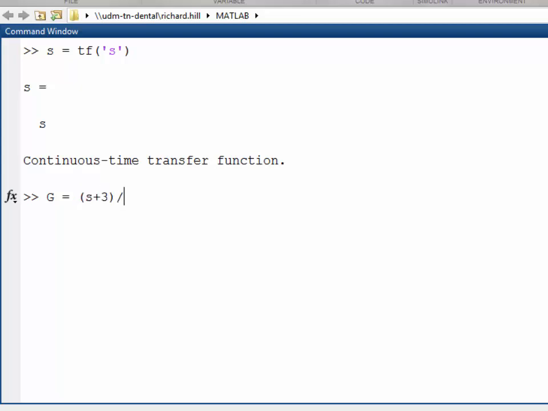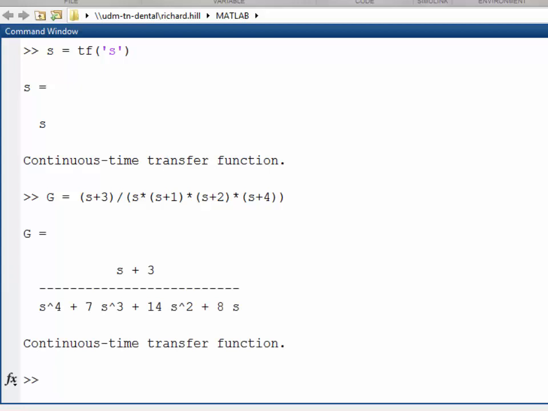And this system that we're creating is one that we looked at when we were studying the root locus, if you recall. So there we've created a transfer function.